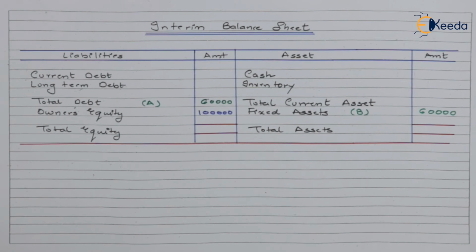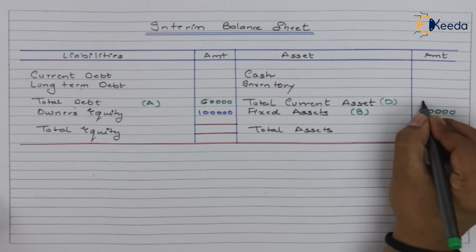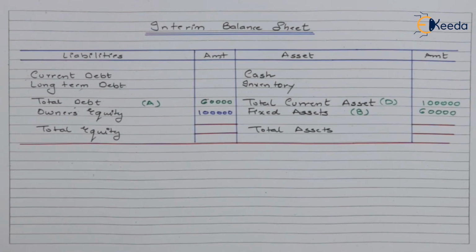Next, total current assets. Total current assets being a part of D, that means it was denoted as D, which was 1 lakh rupees. Total assets which was figured out was denoted as C, that is 1,60,000.